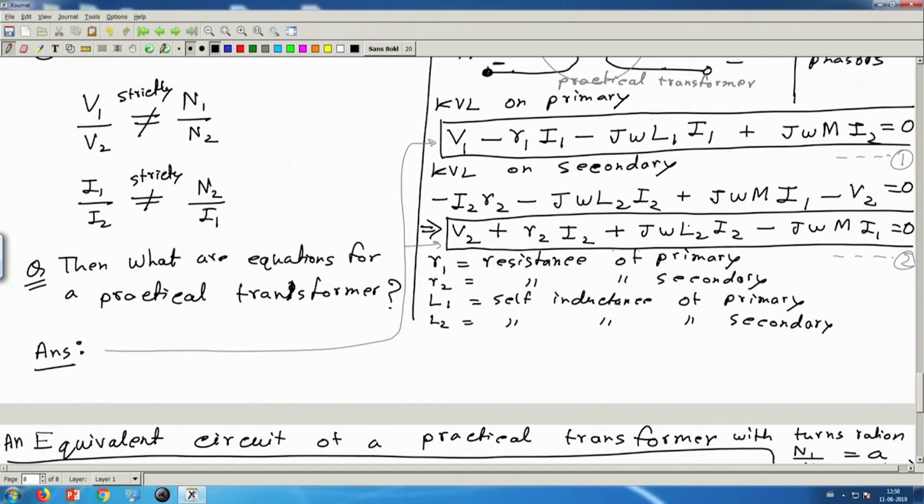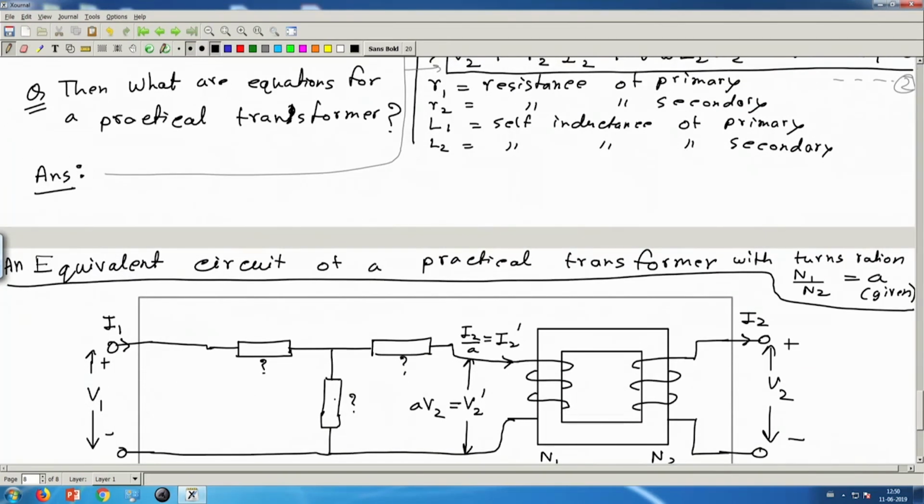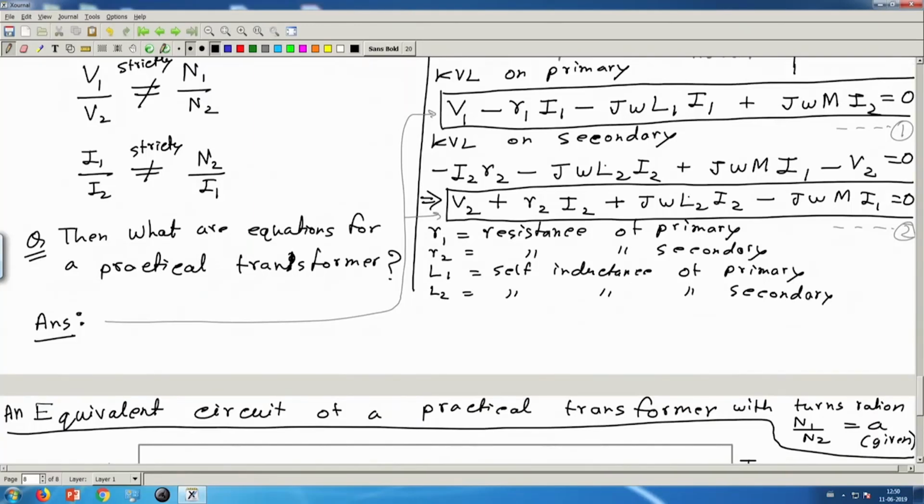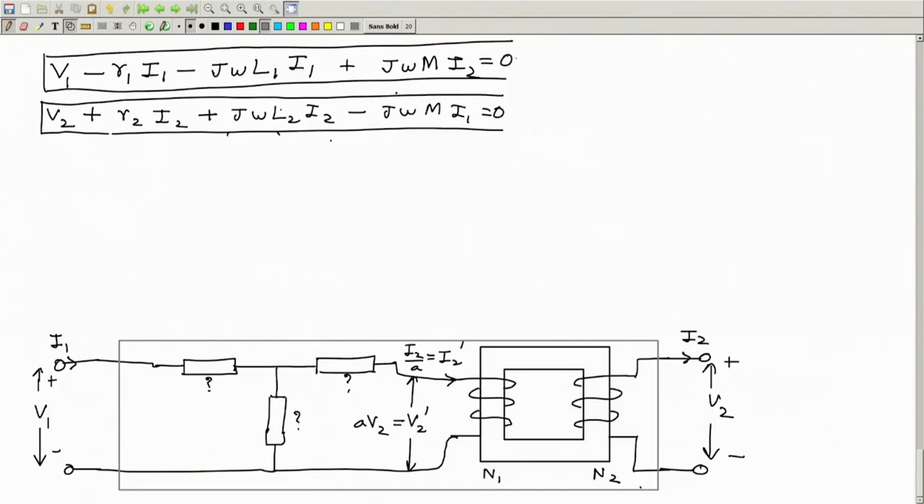I will need these two equations. I have to satisfy these two equations somehow by choosing these three impedances. When these two equations are satisfied, this is the equivalent circuit I have copied here. We have to find these three values such that these two are satisfied. Now I will just manipulate these two equations a bit.